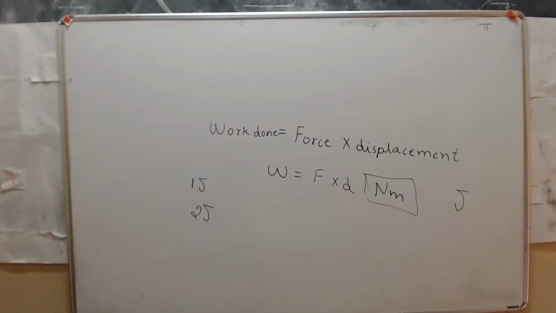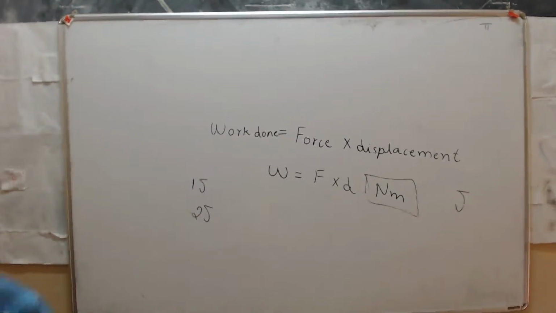Here Channapatli answered: if 1 Newton force is applied on an object and it covers 1 meter of displacement, then it is said that 1 joule of work is done. Yes, very good.